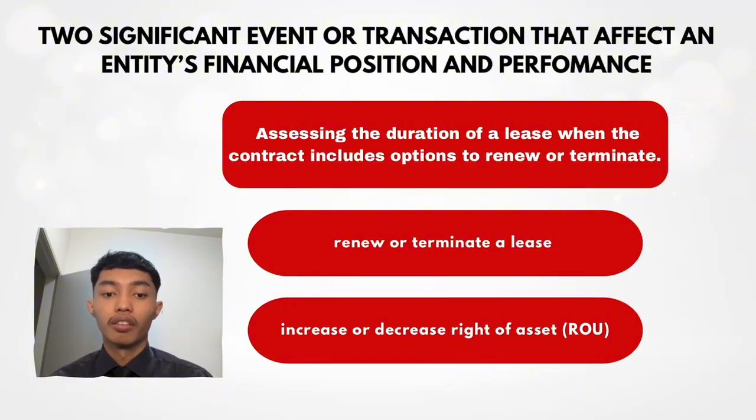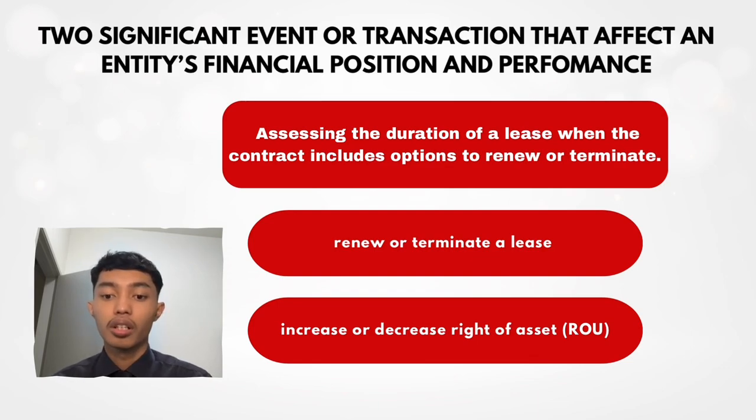For the first significant event, I will explain how changes in lease term, especially when renewal or termination options are included, can affect an entity's financial position and performance. When a company has a lease contract that allows them to either renew or terminate the lease, management must assess whether they are reasonably certain to exercise the option. This decision is important because it directly affects the length of the lease term. If the company decides they are likely to renew, the lease term becomes longer.